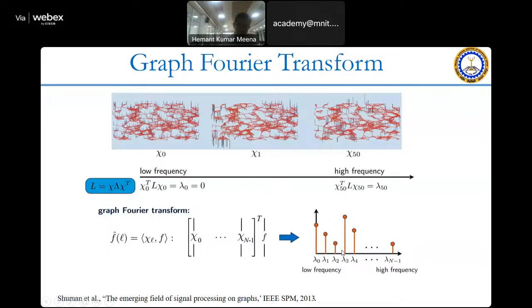This is there. Lambda 2, lambda 3, lambda 4. So finally, what does the graph Fourier transform provide? It provides how many frequencies are there and what is the component of the different frequencies. This is the key diagram. So is it clear?